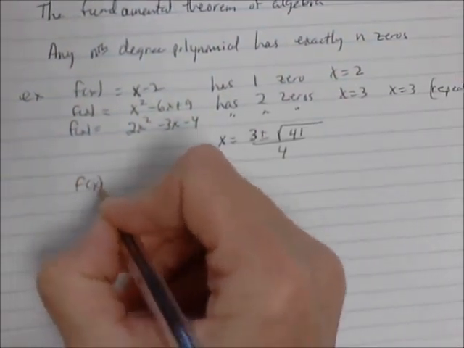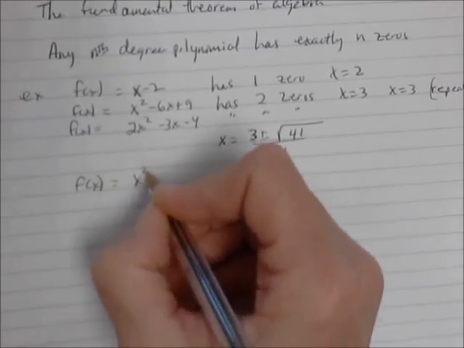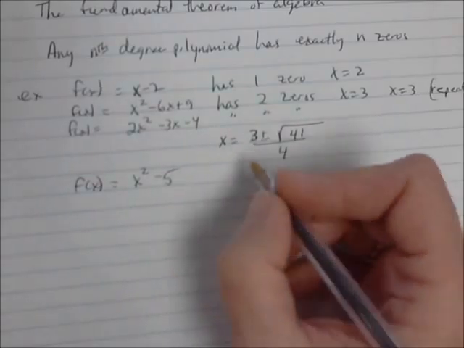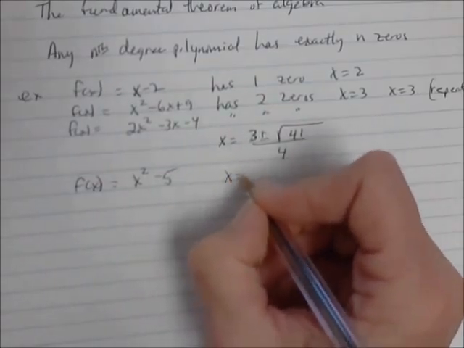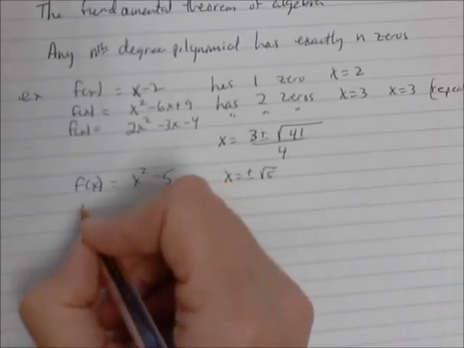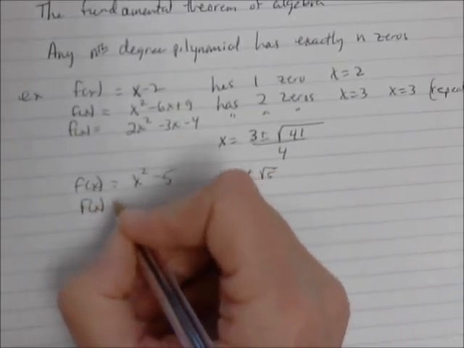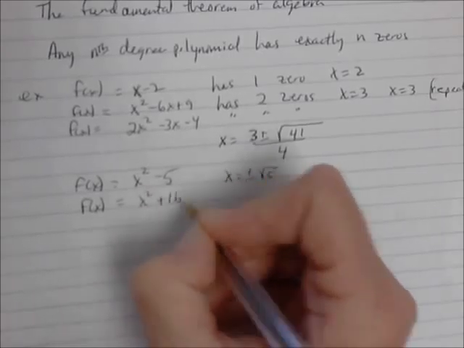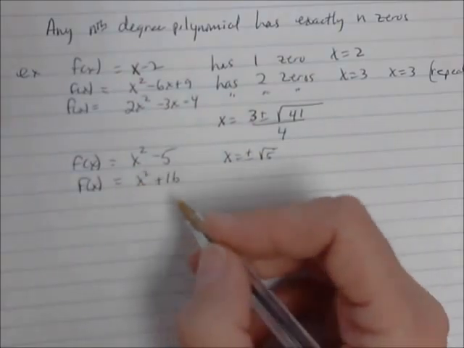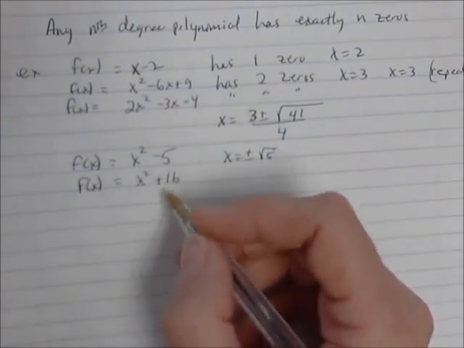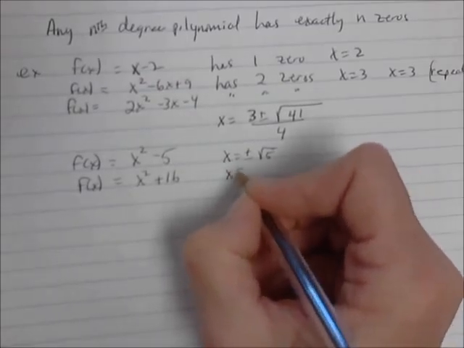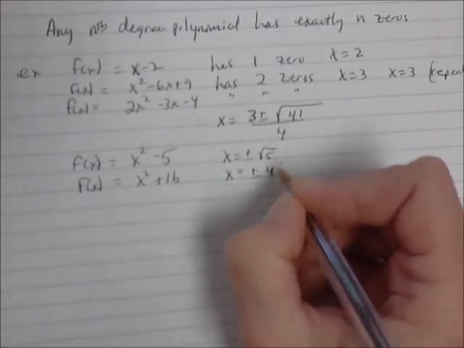If you have f of x is equal to x squared minus 5, that's a quick one. You know it has 2 zeros. x equals plus or minus the square root of 5. Again, 2 irrational roots. If you have f of x is equal to x squared plus 16, that's unfactorable if you consider only the real numbers, but if you consider the imaginary numbers, you know it has 2 zeros, x is equal to plus or minus 4i.